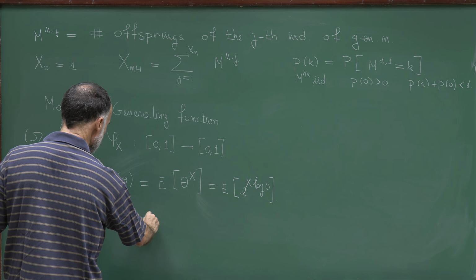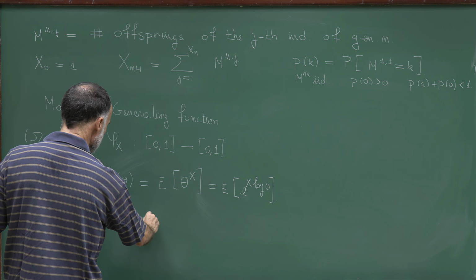There might be a problem defining phi at theta equal to 0, but I leave it to you to check that you can indeed define the value at theta equal to 0, and at theta equal to 0, what you get is exactly the probability that the random variable X takes the value 0. So, these are general properties.